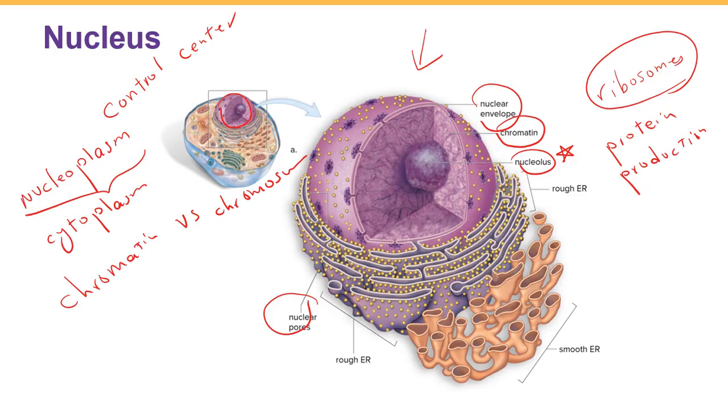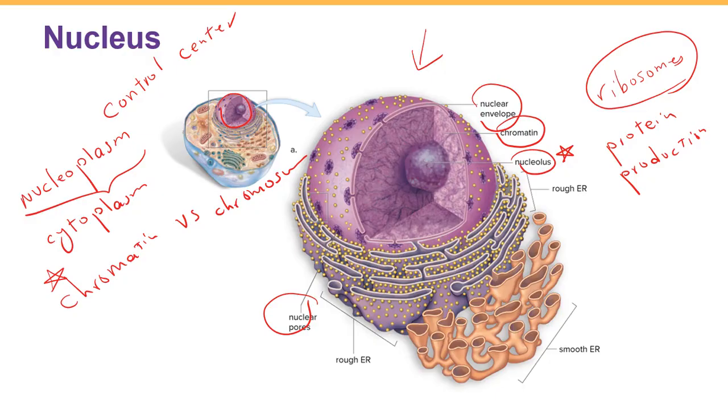Most of the time, DNA exists in chromatin, which is the loose, thread-like form of the genetic material. When the cell is getting ready to divide, the chromatin coils up and forms tight, visible, and short genetic material, which is now called a chromosome.